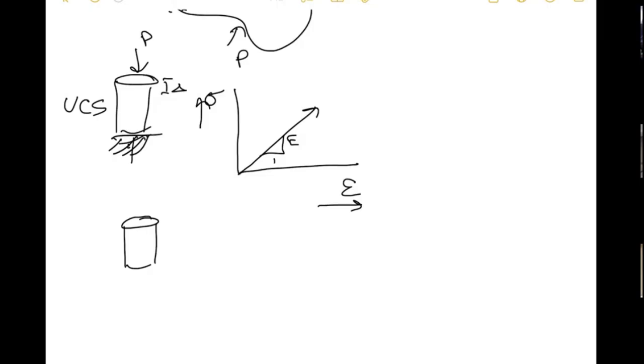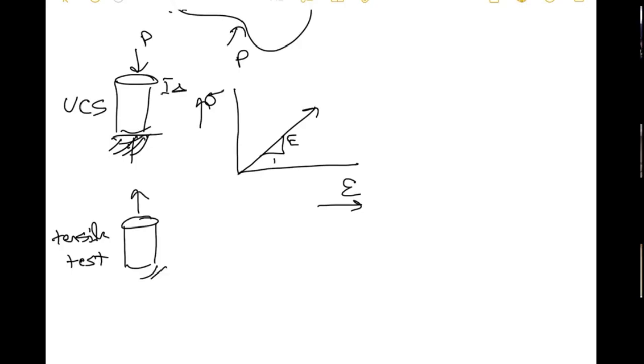And it's only under these UCS test conditions, we'll talk about that a little bit later, that if you plot stress and strain, the slope is E. If you do an odometer test where the sides are constrained and you plot stress and strain, that is not E. And if you do a rock mechanics test, and I'll say it's a tensile test, which is very much less, people don't do these very often because they're hard to do.